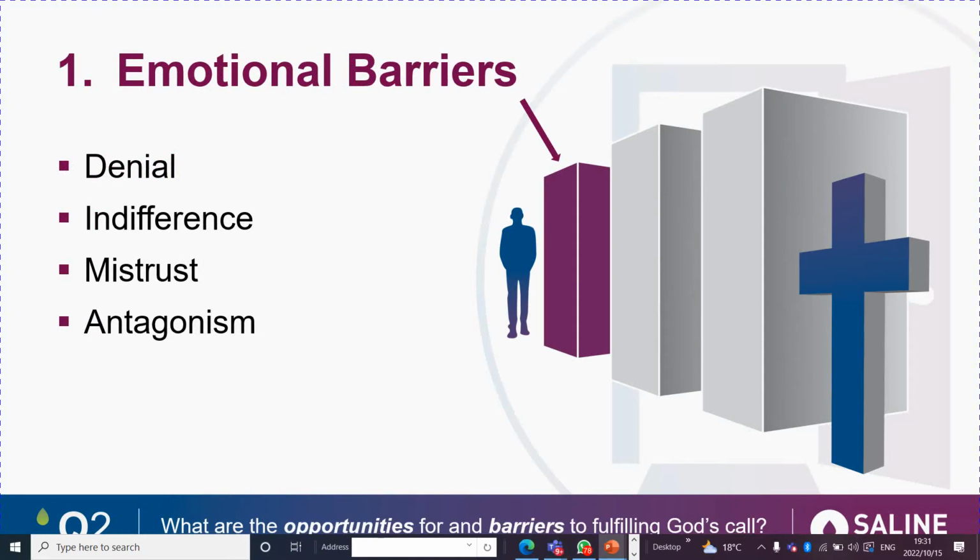In emotional barriers, there is denial, indifference, mistrust, antagonism. So sometimes the patient can have denial and maybe they cannot open up, or mistrust of the hospital or the doctors or the hospital personnel. Next.